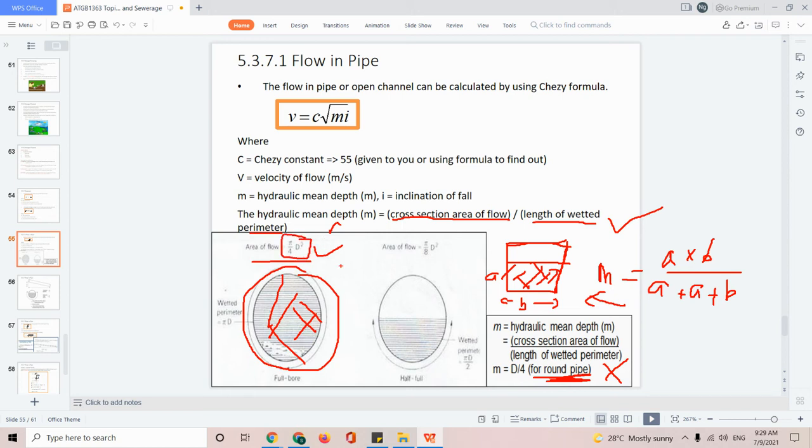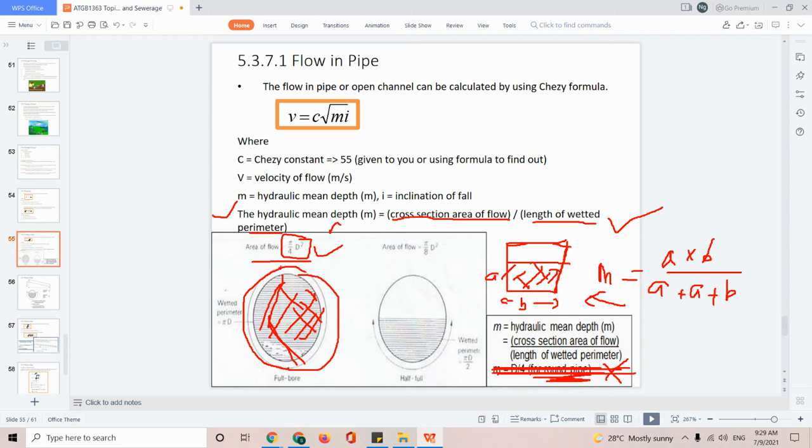So here, when you are calculating the area of flow, it's better for you to always use this formula, the hydraulic mean depth, where the cross-section area of flow divided by the wetted perimeter is your M. To work this out, if it's a round pipe, then you have a full area.